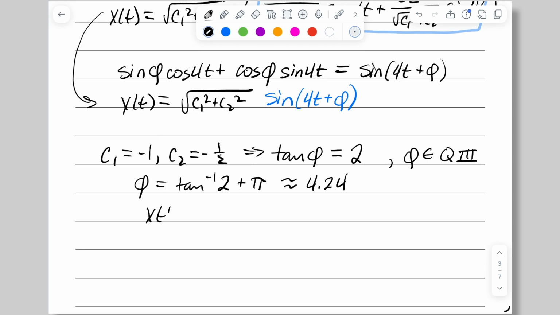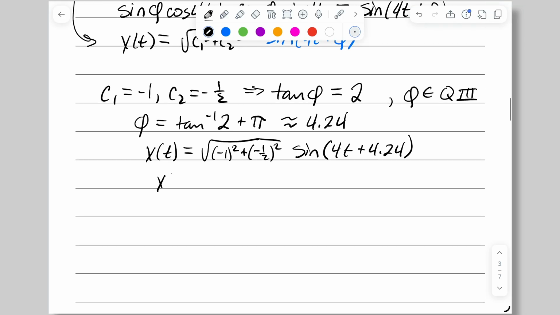So x of t is equal to the square root of (-1) squared plus (-1/2) squared times the sine of 4t plus 4.24. That square root simplifies to the square root of 5 over 2. So we have that times our shifted sine function.